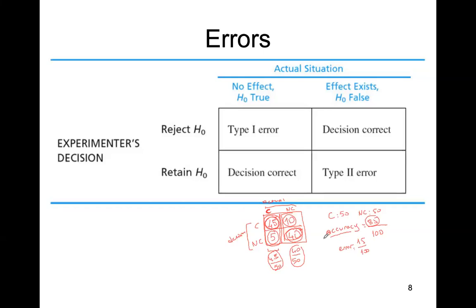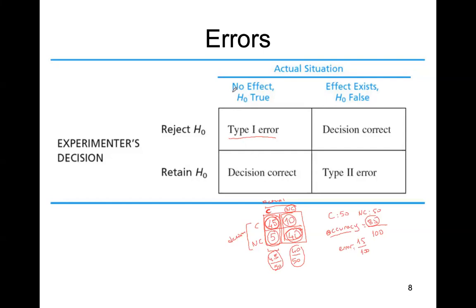But I want you to understand what is type 1 error in this case. What is type 1 error in this case? Let's say non-cancer, how can I say that? For example, type 1 error.